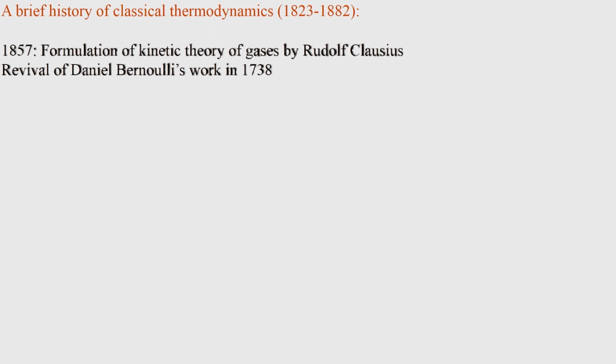Now, parallel to thermodynamics also came the kinetic theory of gases, which was very important, because in many cases we will be giving examples based on a very simple idealized system, like an ideal gas confined in a container. For that development, the first formalism was again given by Rudolf Clausius around 1857, but he basically revived a very early work by Daniel Bernoulli, another French scientist, who did all this important work on the kinetic theory of gases around 1738 or so.